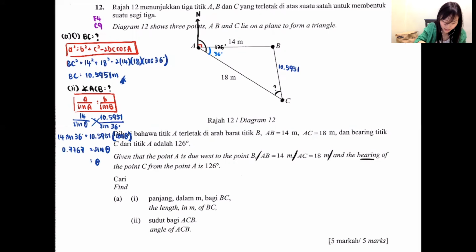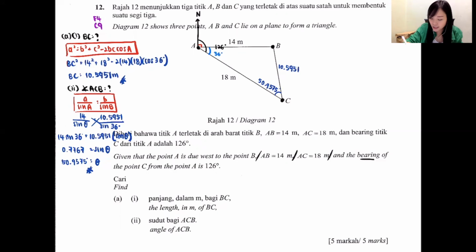So for theta, shift sine, you get 50.9575 degrees. Ta-da! Hopefully all of you got that. And I think the answer looks right because it doesn't look like an obtuse angle. It looked very small, so isn't it about 50 degrees? Hopefully you guys are all okay.